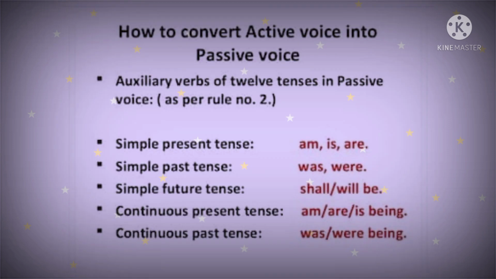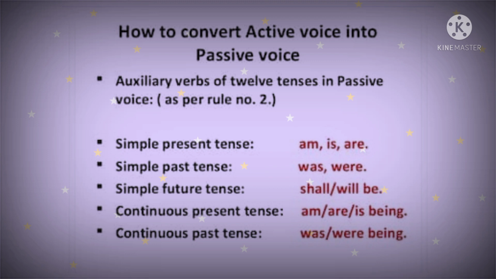Children, please remember the structures, or the forms, of passive voice. When you convert into passive voice, in each tense you have to apply these forms. Simple present tense: there is no auxiliary in the active voice, so we use is, am or are along with verb 3.